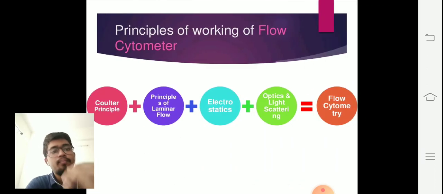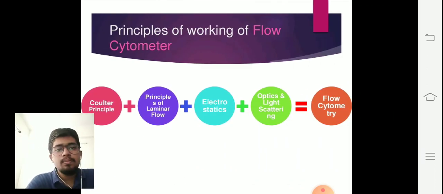Now, talking about the various principles involved: the Coulter principle, the principle of laminar flow, electrostatics, and optics and light scattering. These are the various principles involved in flow cytometry. Without any of these, we cannot expect flow cytometry to work.